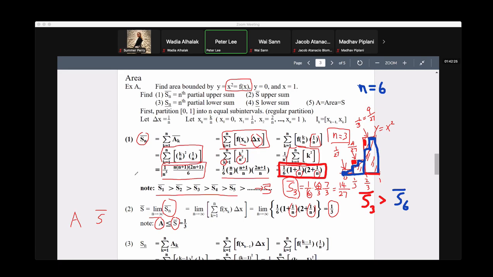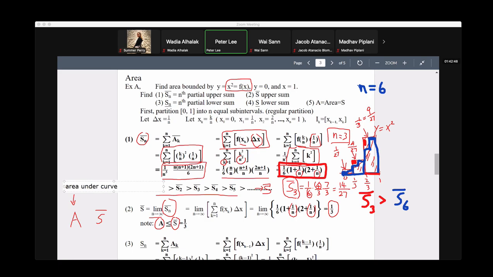Can you tell me which one is bigger? This area is referring to the actual area under the curve.